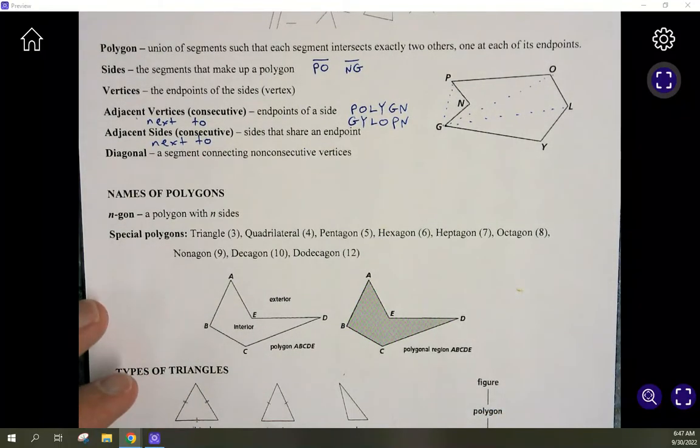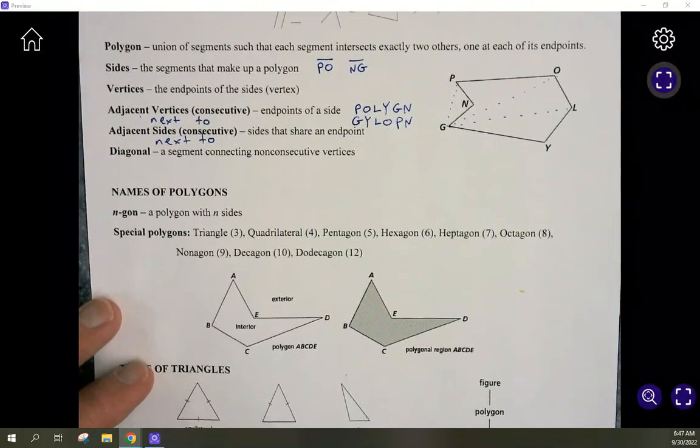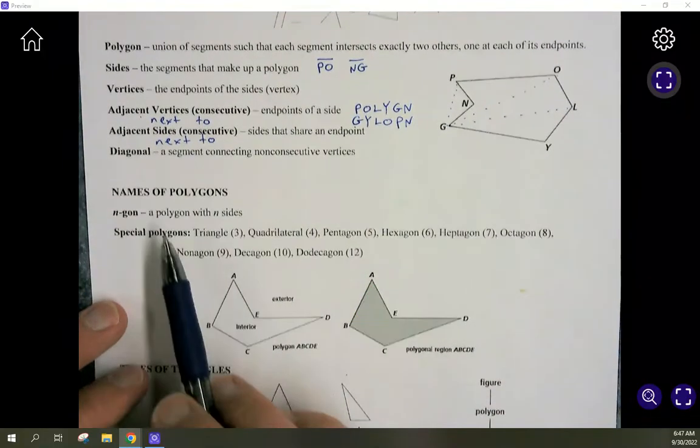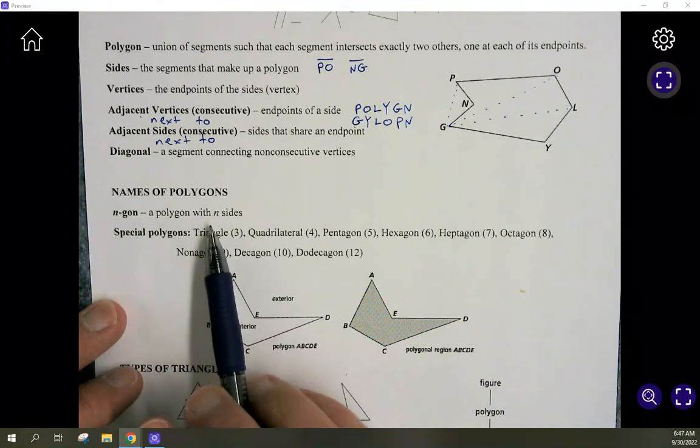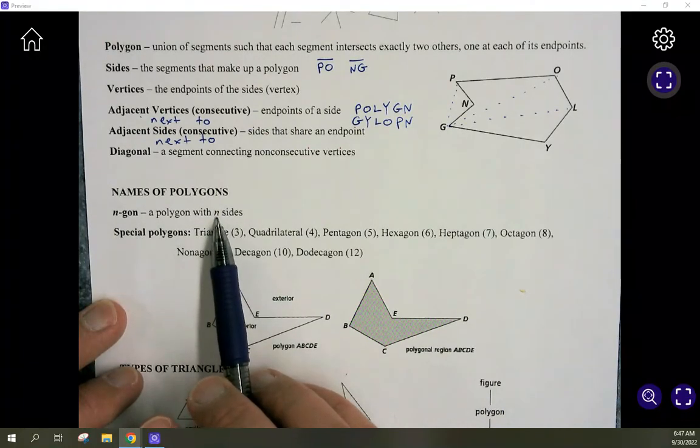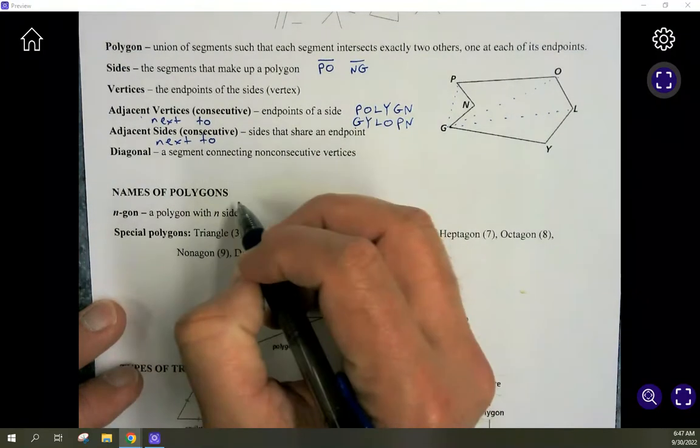Continuing on that trend here, we're going to look at specific types of polygons. So if you're reading a question and it refers to an n-gon like that, n is, instead of x or y, the variable they use for number of sides usually.